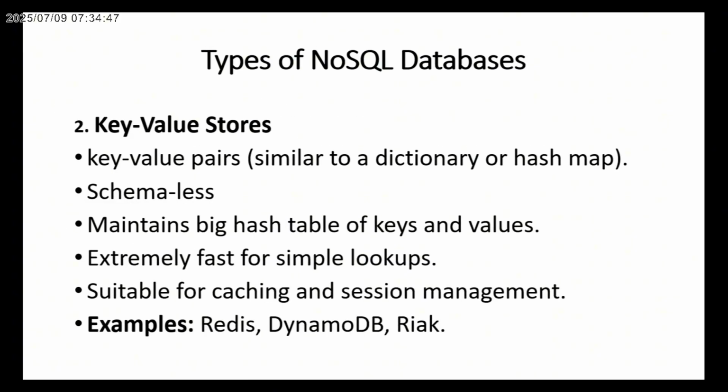And another model is the key value stores data model. In this key value stores data model, a key value pair is used to store and retrieve information in the database.